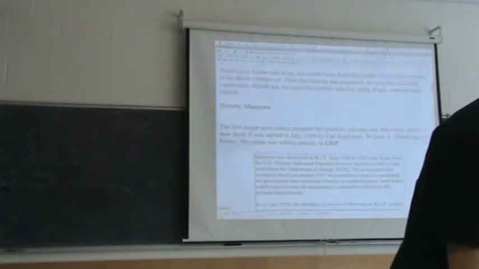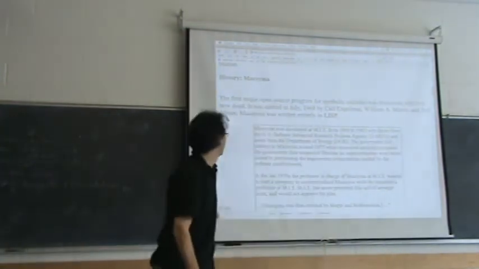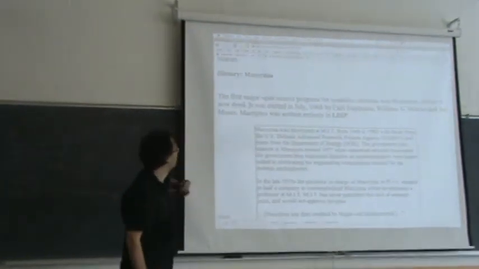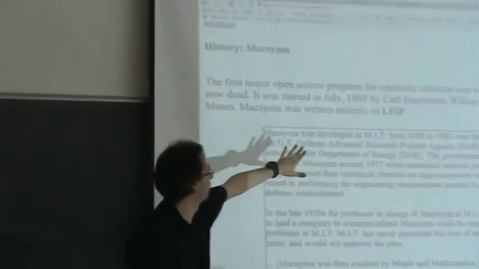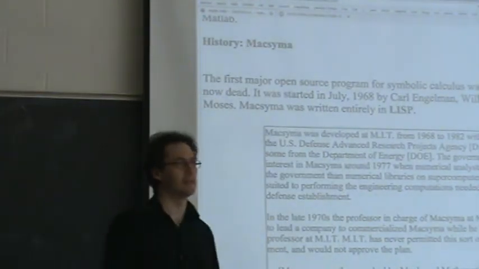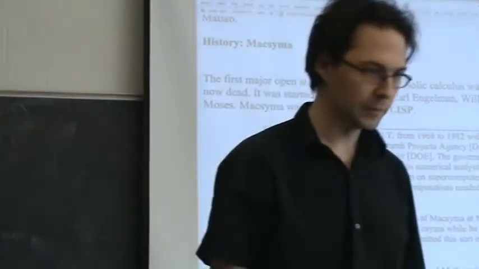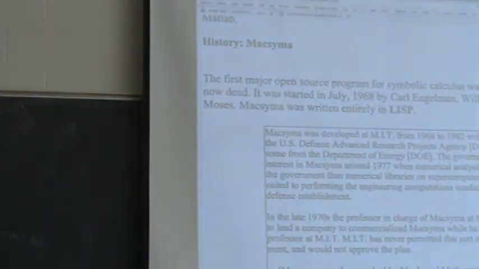So one funny thing about Maxima is it's spelled in 2 different ways. Initially it was spelled Macsyma with a C, and it's a program that was started by a couple of people at MIT in July 1968. So that makes it pretty old. It's 40 years old, which is quite a while for a software project.